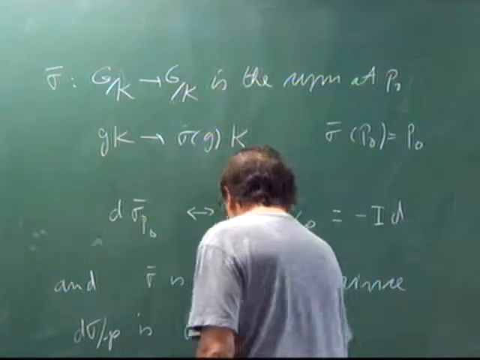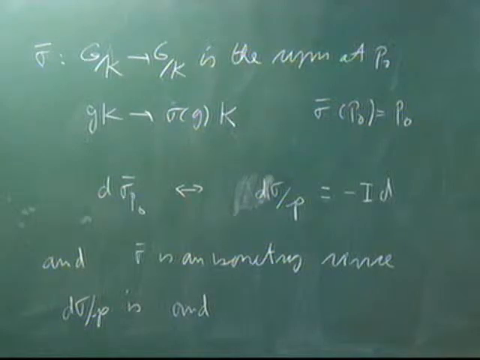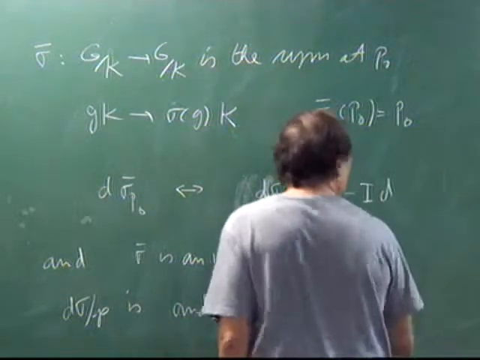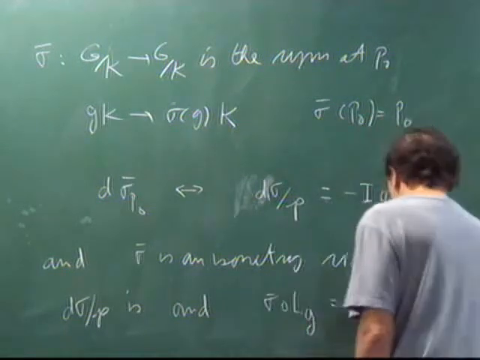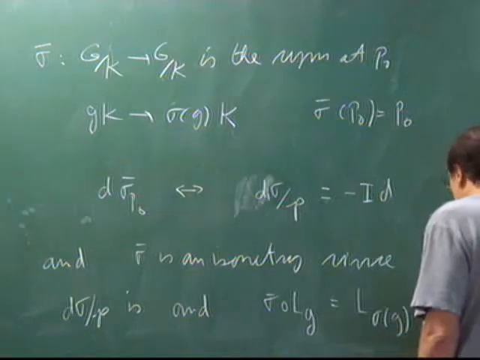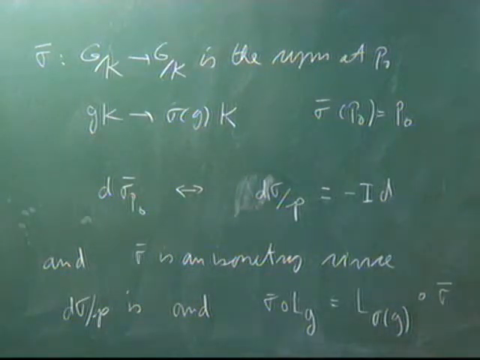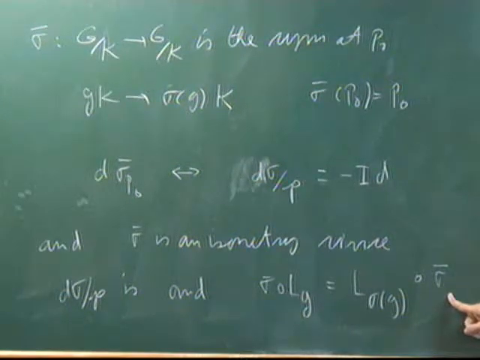So what do I have to use? This right here: sigma bar composed with L_g, for any g, is L_sigma(g) composed with sigma bar. Now take the derivative at the identity.